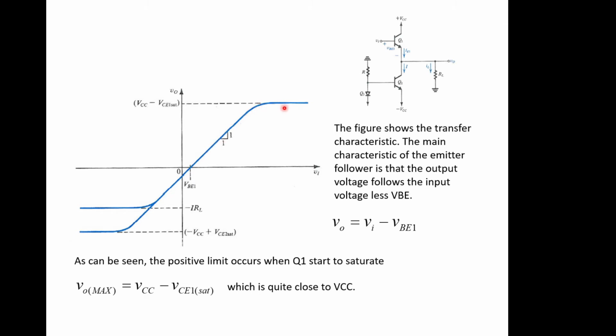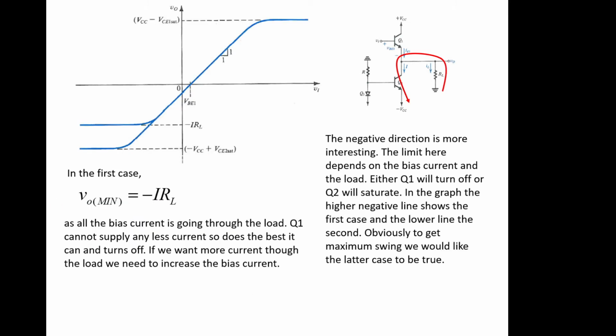So that's looking at this end of it, telling us what the maximum output voltage of this amplifier is, because we obviously want to operate in this linear range as our transfer characteristic. But the interesting bit starts to happen in the negative input region when we're trying to operate in this region. You see there's two curves here, and we'll look at the reason for those two curves now. That depends on the value of the load current, of what's the maximum going on there, and also the value that's been set for this bias current.